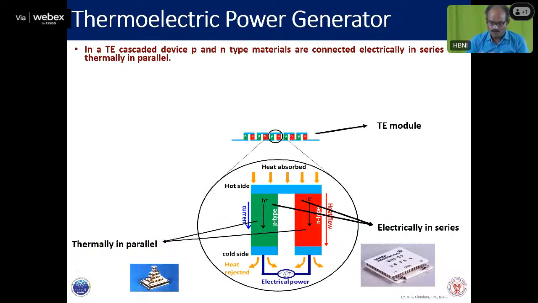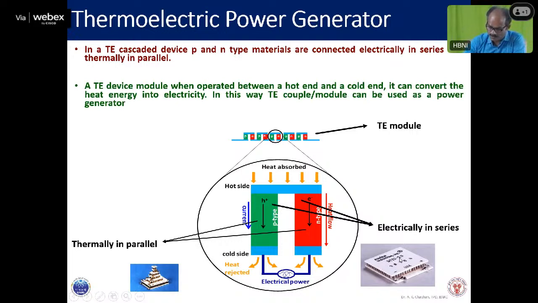All thermoelectric power generators have the same basic configuration as we have shown in this figure. Now, if we want to combine many such small thermoelectric units, we get this kind of module. These modules are called cascaded devices. In thermoelectric cascaded devices, P and N type materials are connected electrically in series and thermally in parallel.